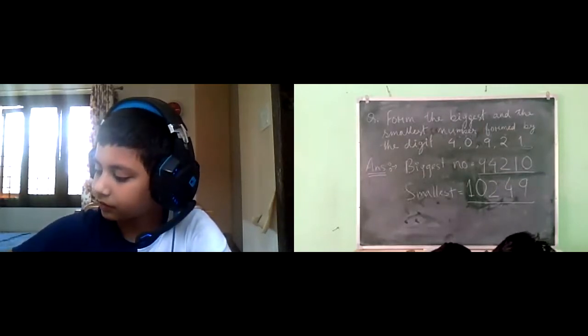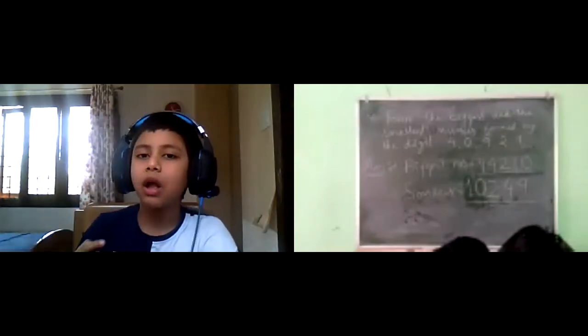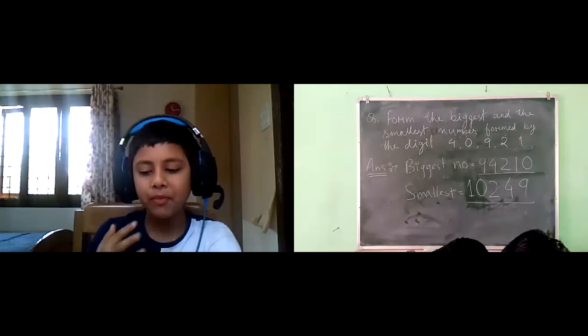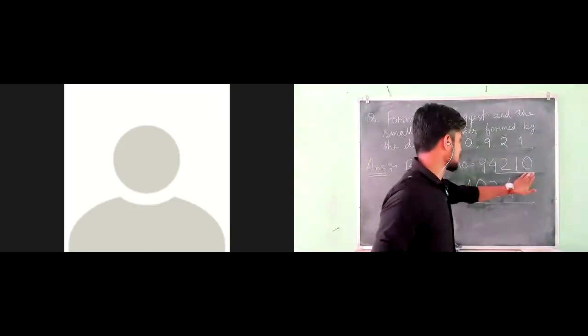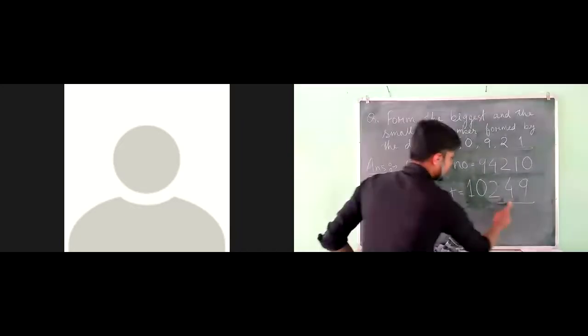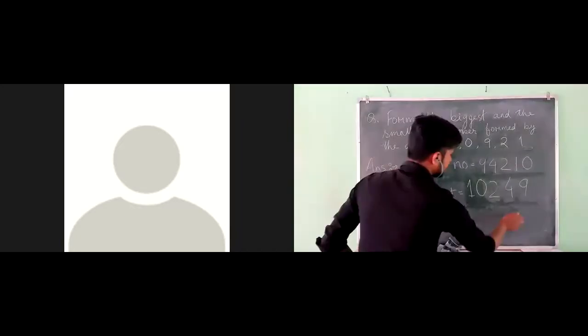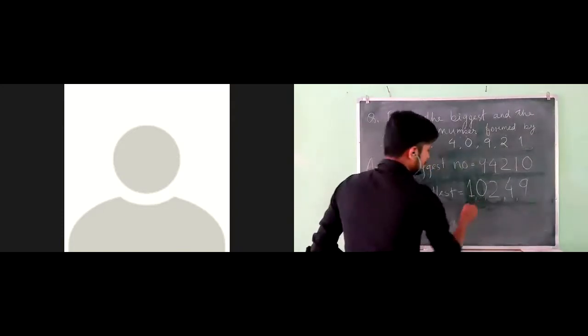Okay, 20 people have joined. Now see, in the last class, when you were writing a number, you gave the commas this way.